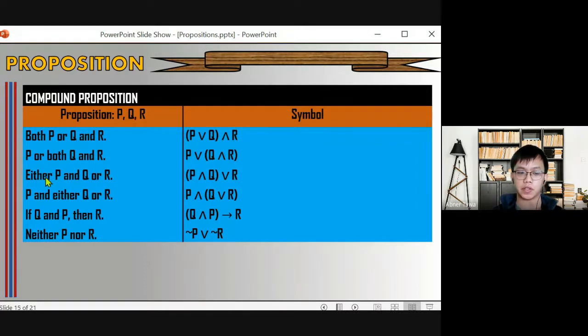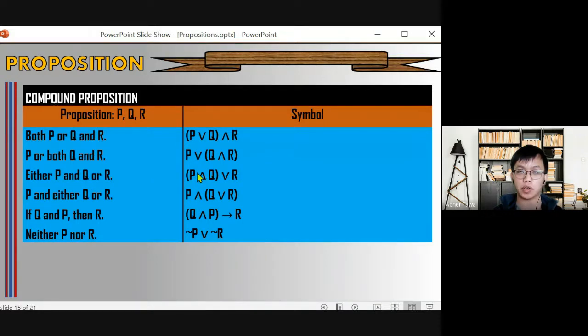Another here is, we have here an example again, which states that either P and Q or R. So kailangan natin i-analyze yung certain proposition para malaman natin kung anong type ng proposition yung tinutukoy ng given. So we have here either P and Q or R. Ibig sabihin, pag either, ang either statement natin dito ay yung P and Q. And yung or statement is yung R. So therefore, we're going to symbolize this one.